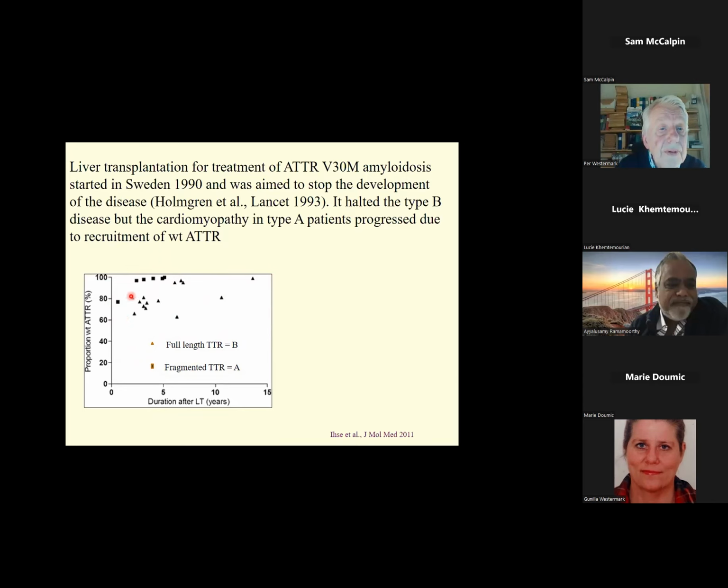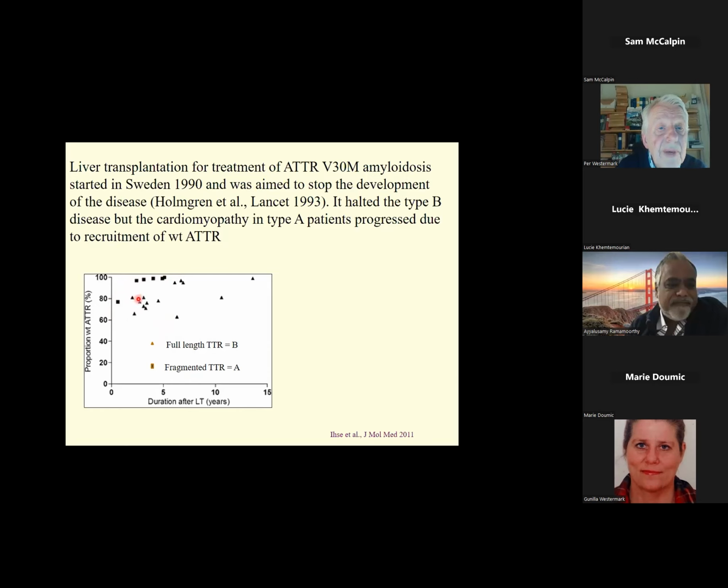Here, the squares are patients with type A amyloidosis, and you can see that the amount of wild type protein increases within 5 years from something like 70 up to almost 100%. So there is an exchange going on in the fibrils, very obviously.